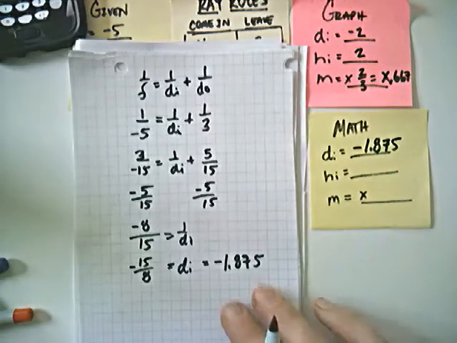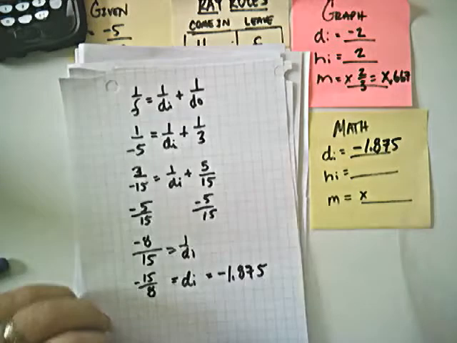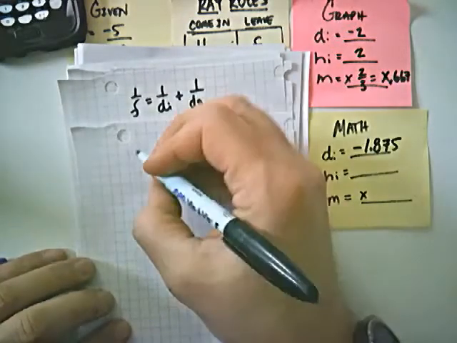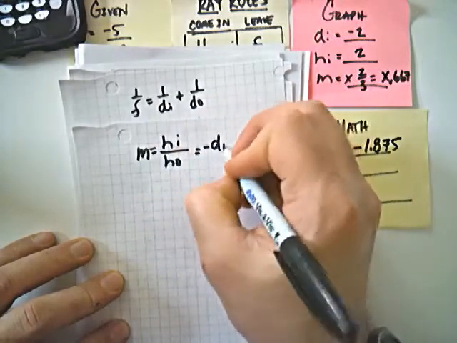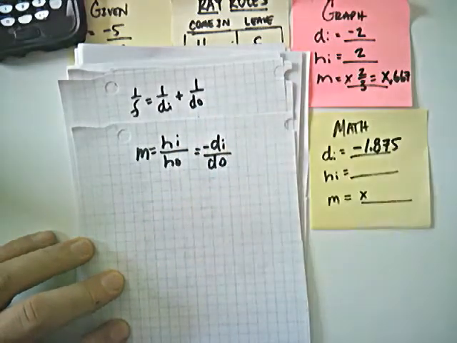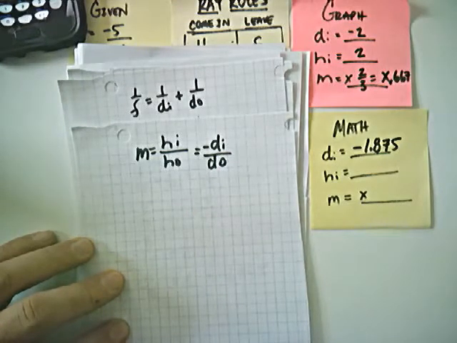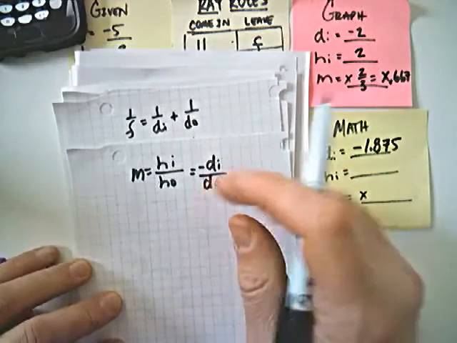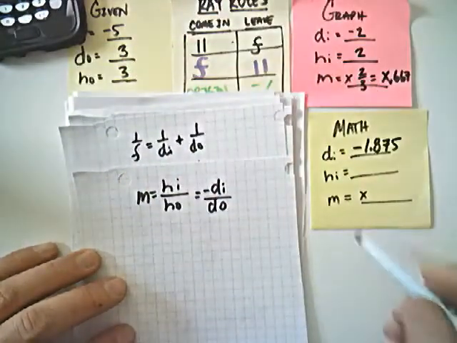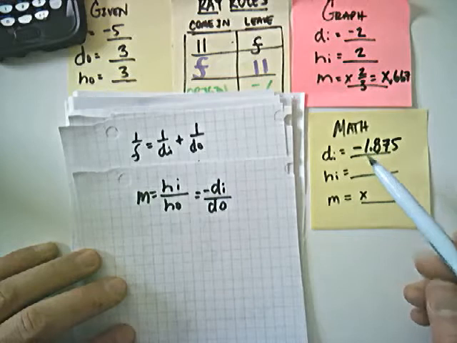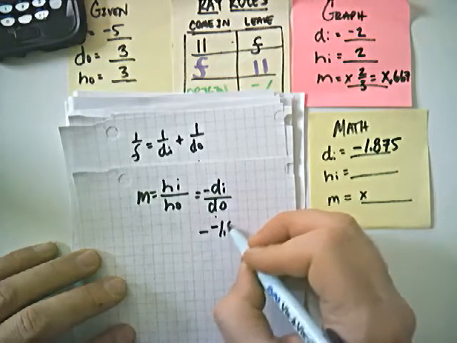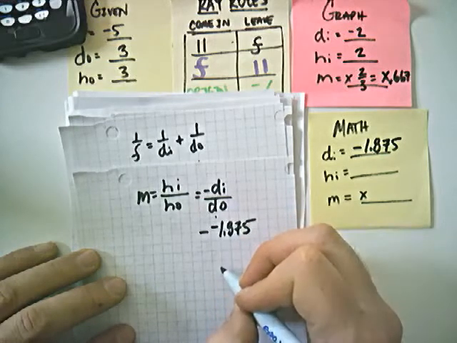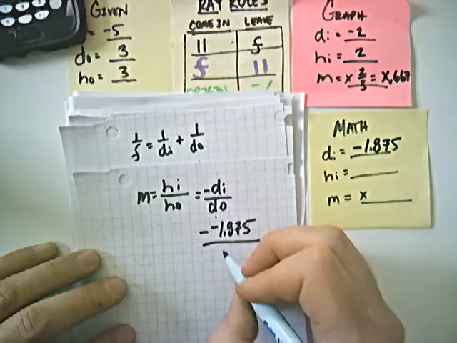Okay, so now we've got to do magnification stuff. Remember, magnification equals HI over HO. It also equals -DI over DO. So what do we do in this example? Well, we can only use our givens and things that we solved for in the math. So that means we're going to start with -DI. Negative of a negative is a positive, so that makes it positive 1.875.